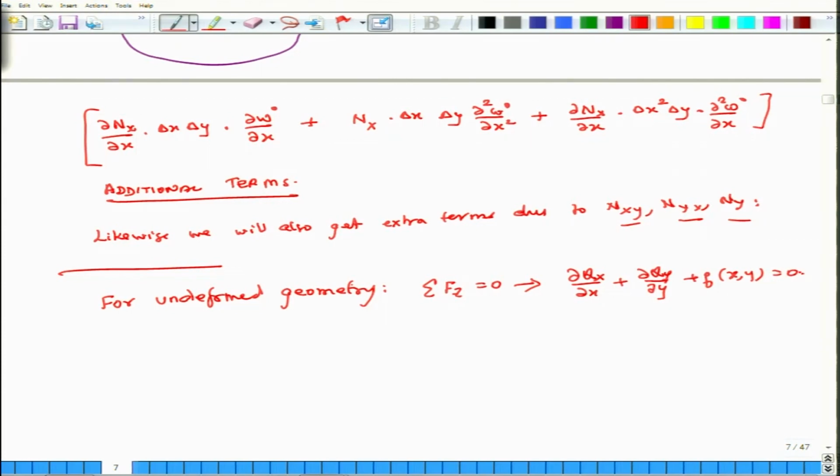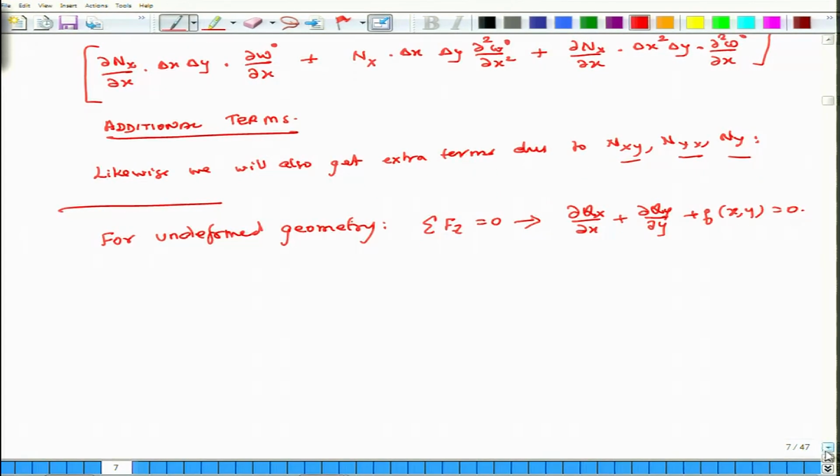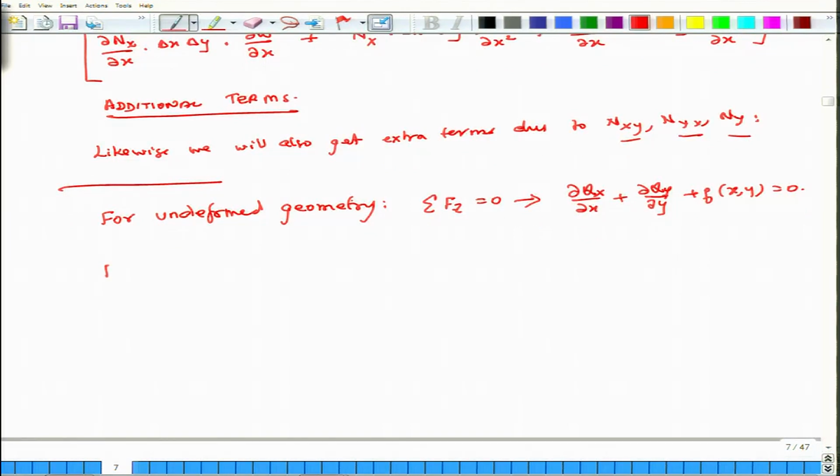This is what it gave me. Now, for the deformed geometry, after including extra terms, so what do we get?